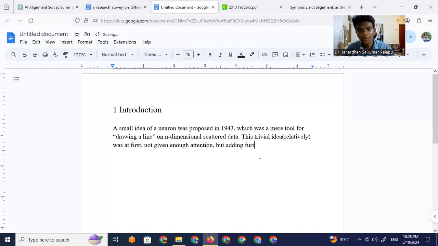Adding further complexity to the system, by finding a way to connect neurons where each one of them finds insights by themselves. Or what can we write? Where each one of them responds to some data.